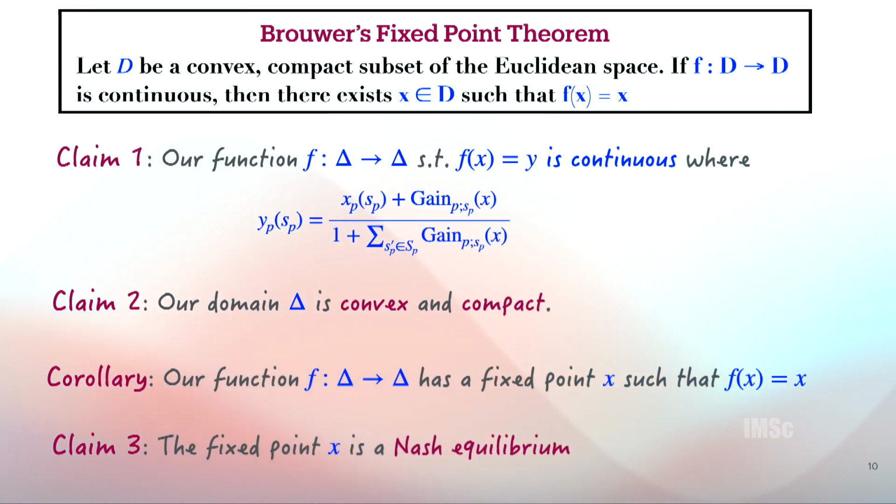You just have to take on faith that delta is convex and compact: it is a product space of simplices, simplices are convex and compact, so the product is too. It is topology and analysis, so just accept it. You can show that f is continuous and therefore, this function f has a fixed point.